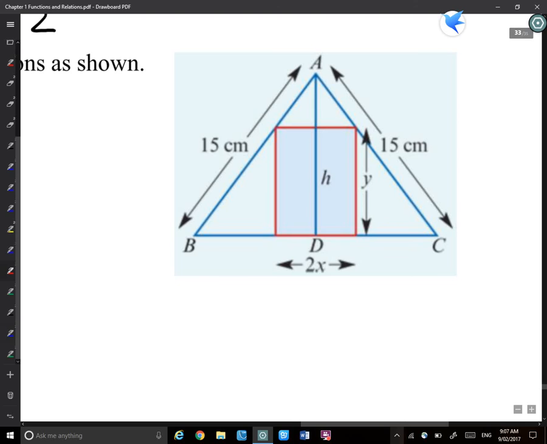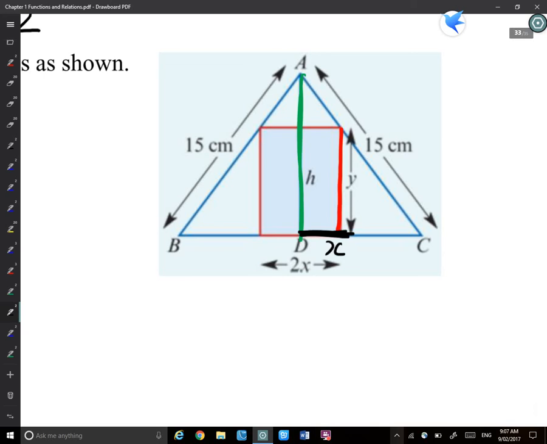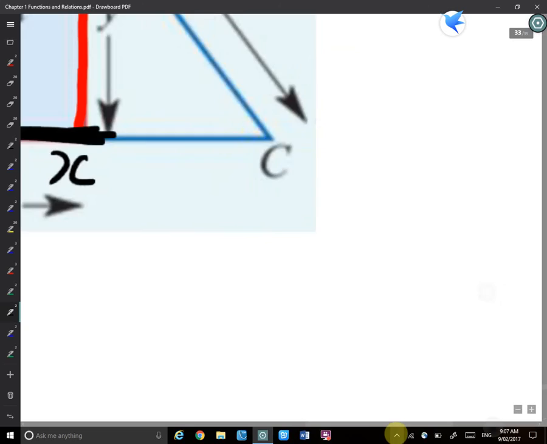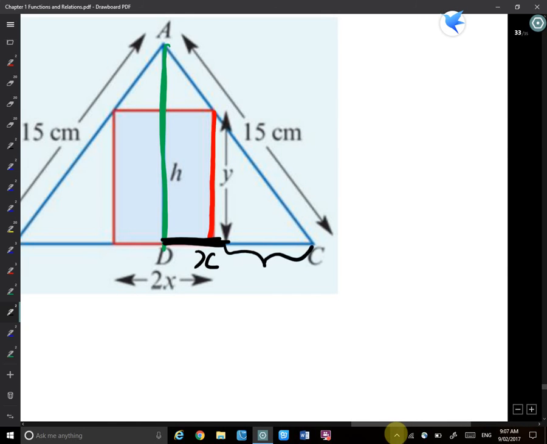So here is the y, and we have an h value here. And this part is x, because we have 2x as the whole length, so half of that will be x. And we know this part will be 15 on 2 minus x.